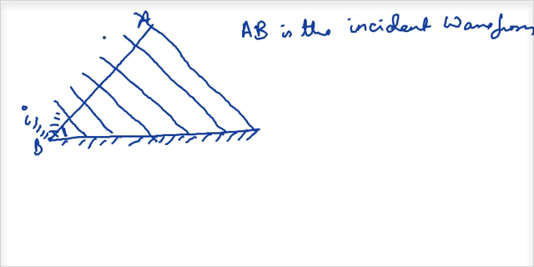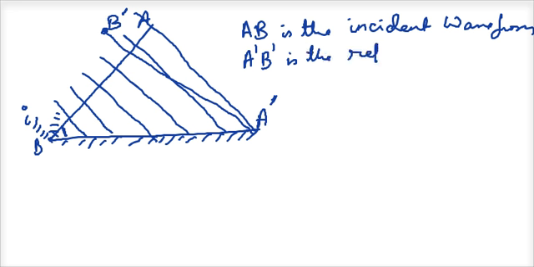So suppose the reflected wavefront is given by this. That means this A has reached here, so I'll call this A dashed, and this B has reached here, I'll call this B dashed. So AB is the incident wavefront, A dashed B dashed is the reflected wavefront.